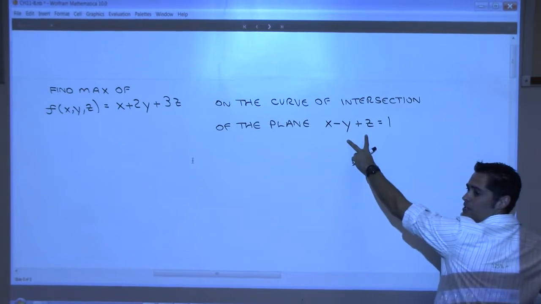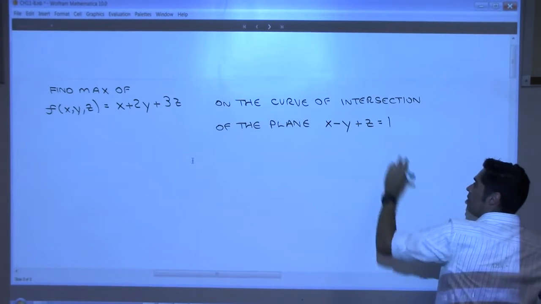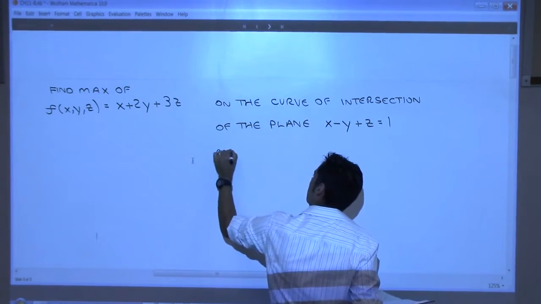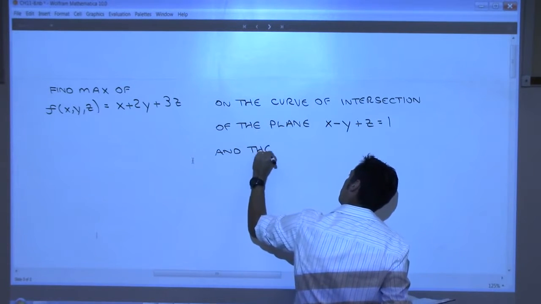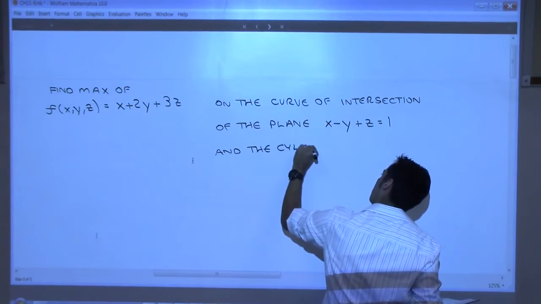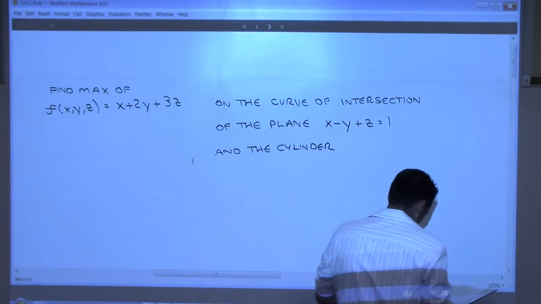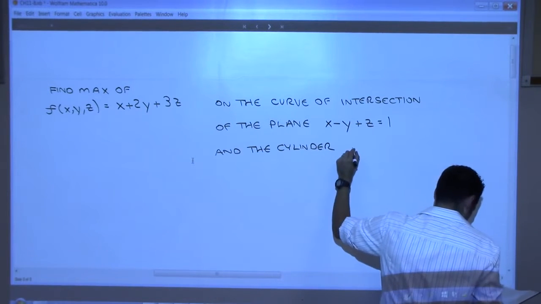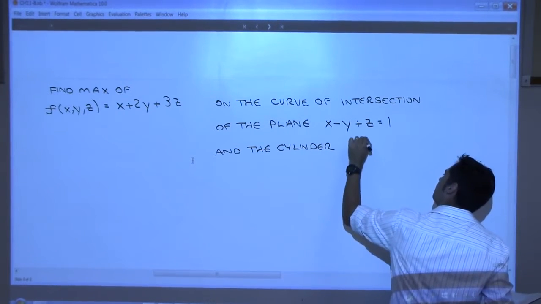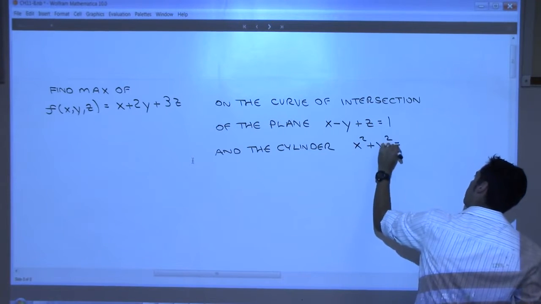That's the equation of a plane, isn't it? Okay. And the cylinder x squared plus y squared equals 1.